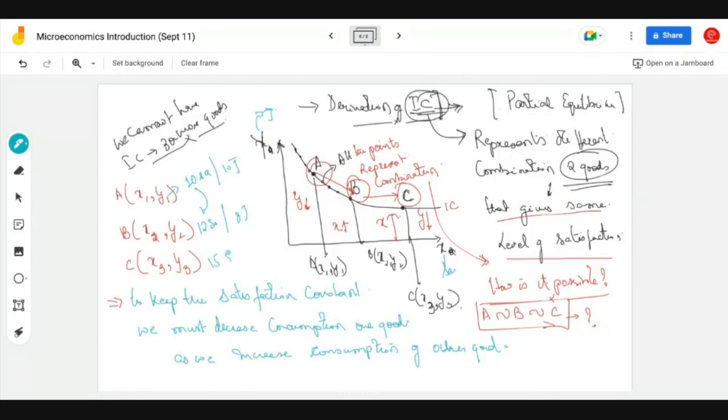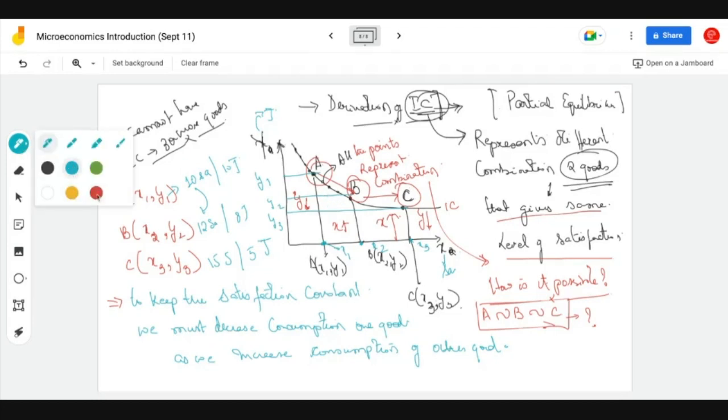We have 15 samosa, we have let's say 5 jalebi. Because if we compare, this is your point X1, this is point X2, this is point X3. Okay. This is your point Y1, Y2, Y3. Okay.